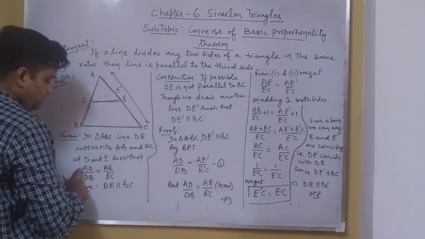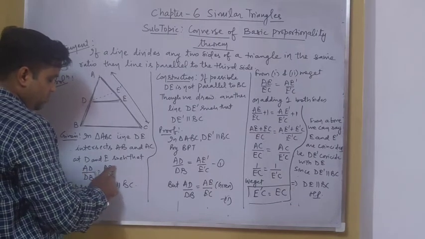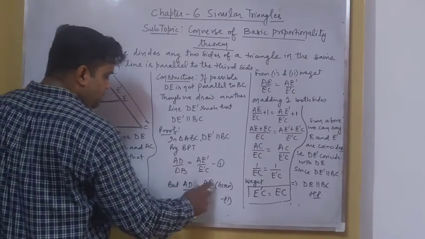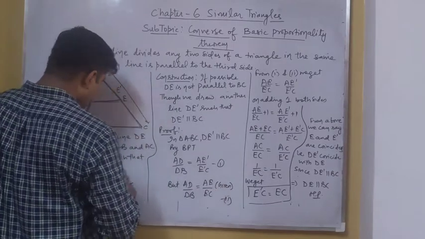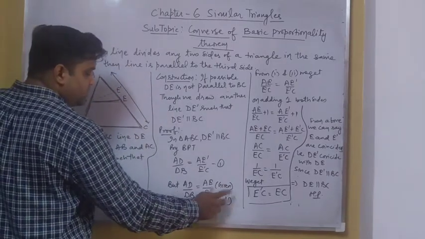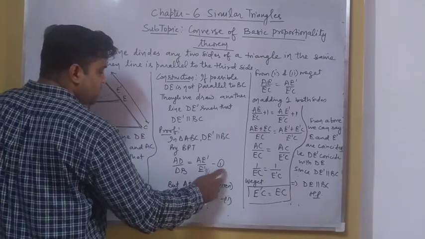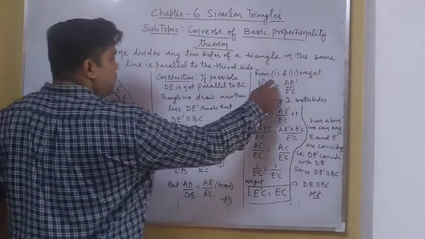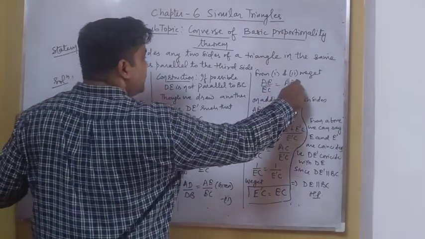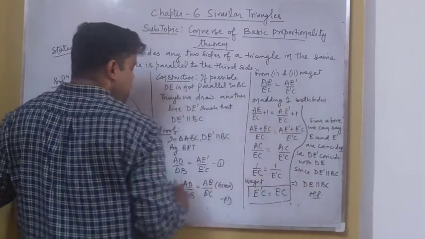But in the given, AD upon DB is equal to AE upon EC, so we consider it as equation number two. From one and two, we get AE upon EC is equal to AE dash upon E dash C.